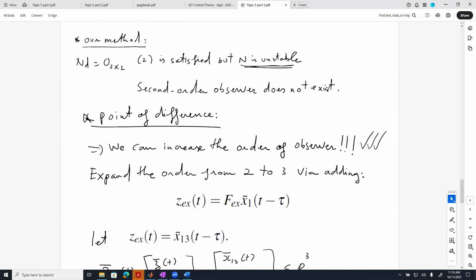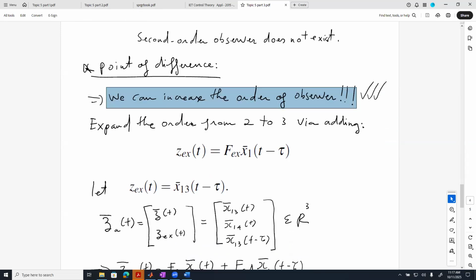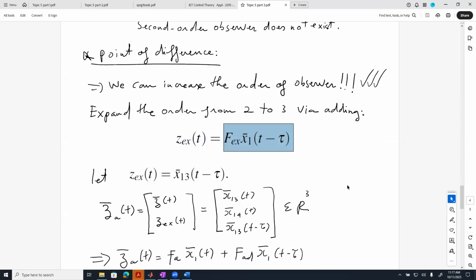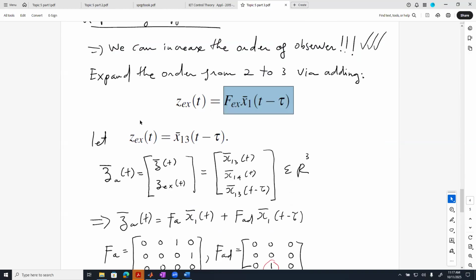I will come back to that a little bit later. So the idea in here is, yes, we can increase the order of our observer. If we increase the order of the observer, we can expand the dimension of our observer from 2 to 3 by adding an extra functional. Now, this extra functional comes from the delay stack vector, and here what we like to do is just pick it to be the third stack variable.